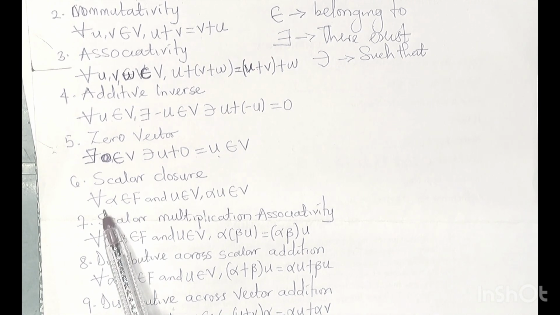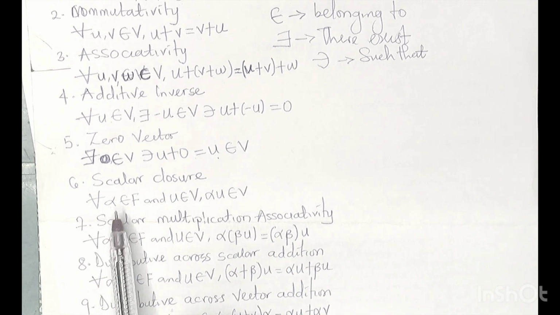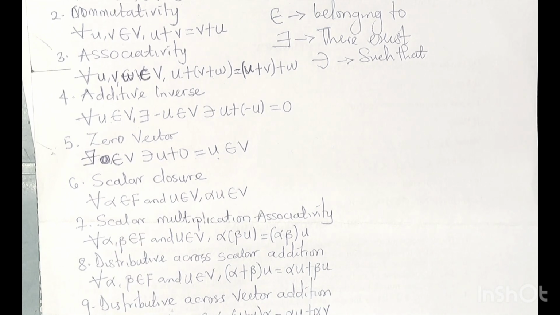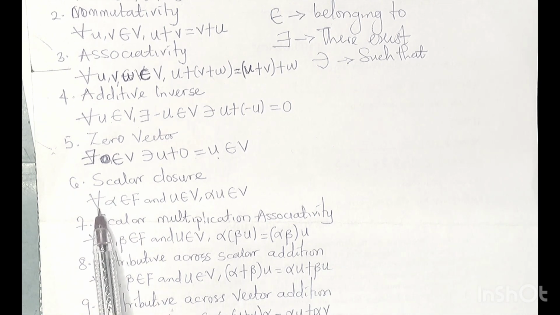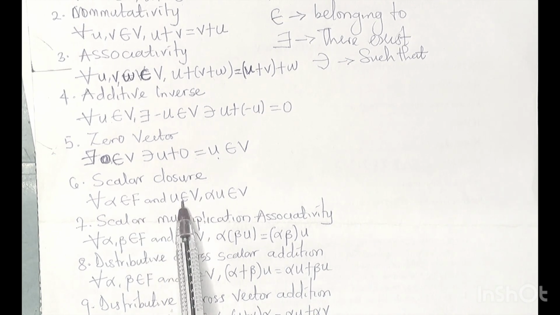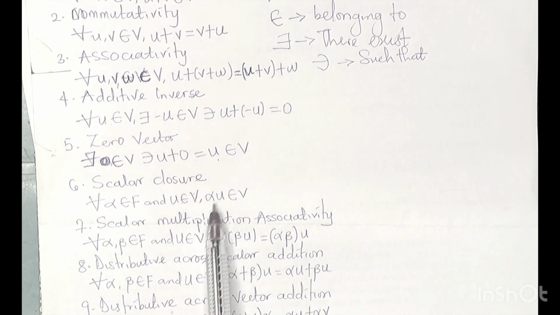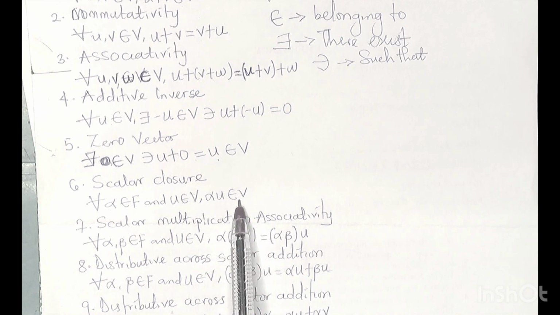So when we talk about scalars, we are talking about the field. So it says if there exists a scalar in field F, and that scalar can be anything, it can be any constant. So you see, if there exists a scalar alpha in field F and u in vector V, then alpha u should also be in what? In my V.